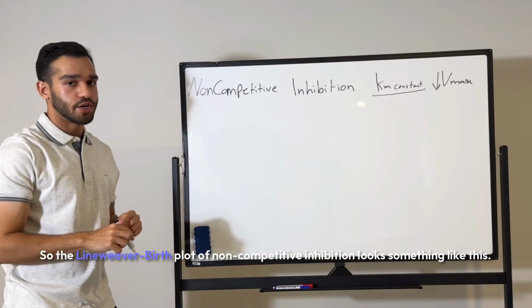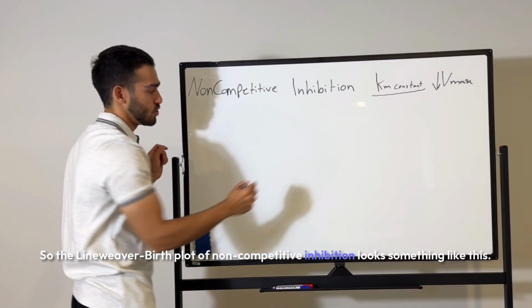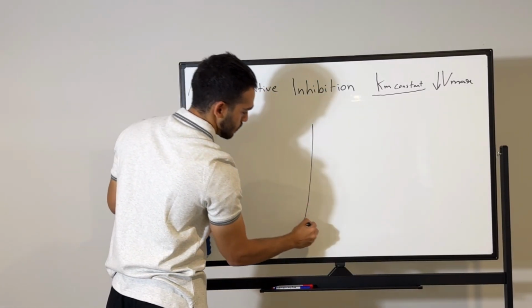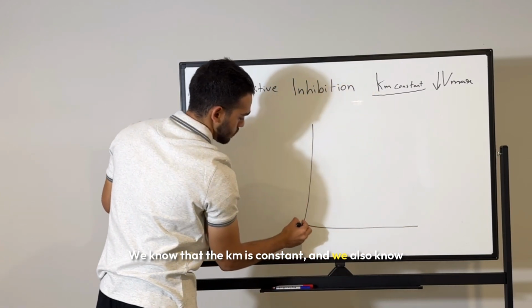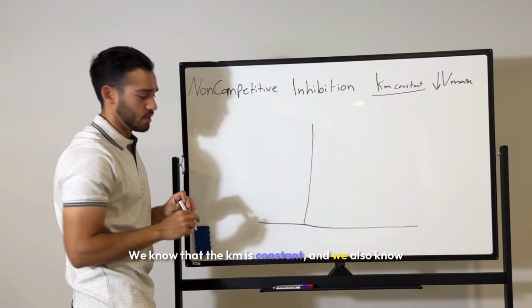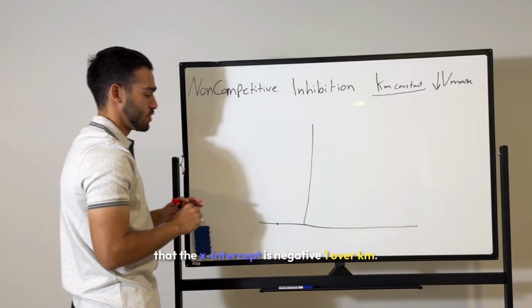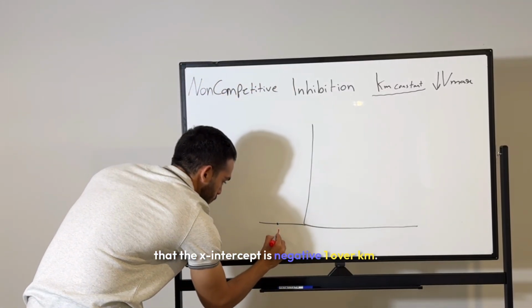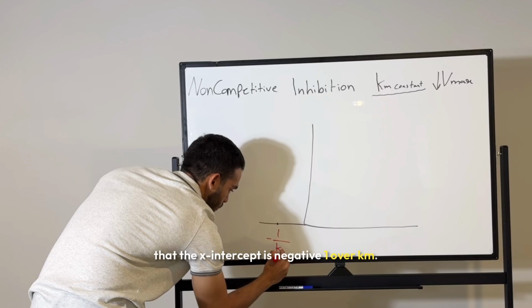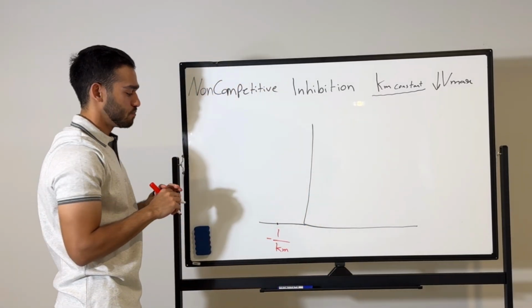So the Lineweaver-Burk plot of non-competitive inhibition looks something like this. We know that the Km is constant, and we also know that the x-intercept is -1 over Km.